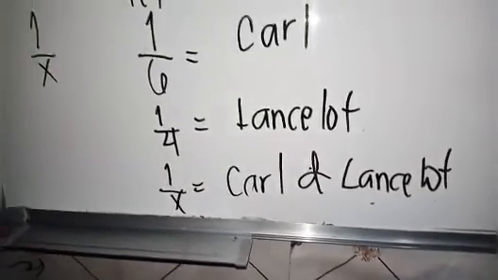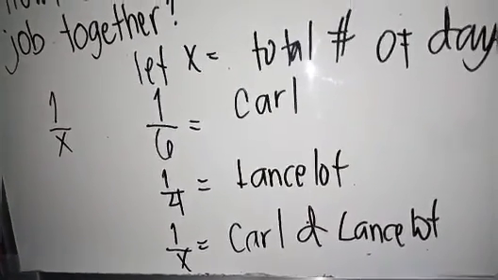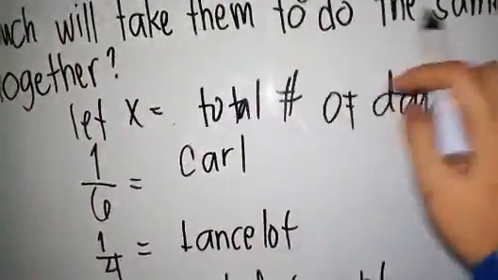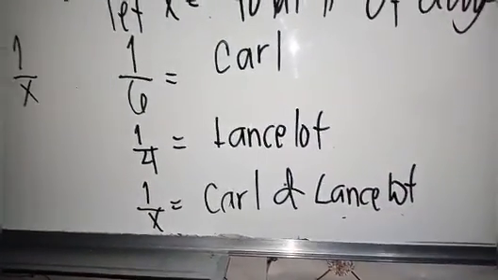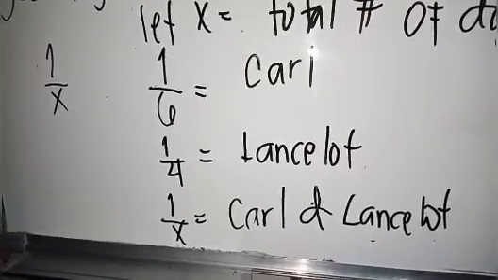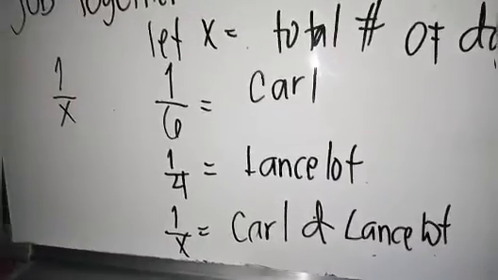So, ngayon, mag-proceed na tayo doon sa ating third step, which is to carry out the plan. Kung sinabi dito na how much will take them to do the same job together, ibig sabihin lang nun ay mag-a-add tayo.